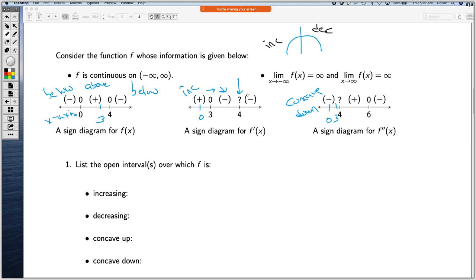So when the derivative is undefined, what does that mean? Well, I know that the function is continuous at x equals 4. So that gives me a couple possibilities. I can have a corner or a cusp.